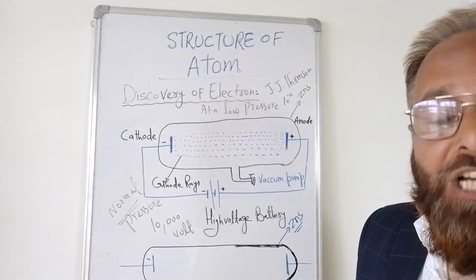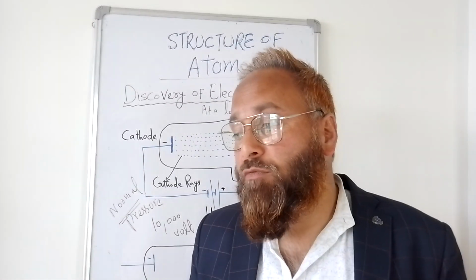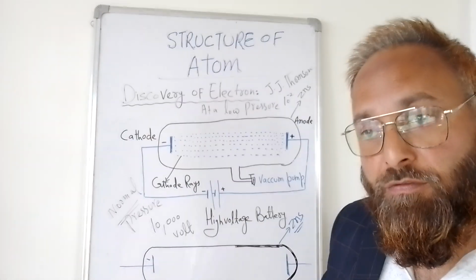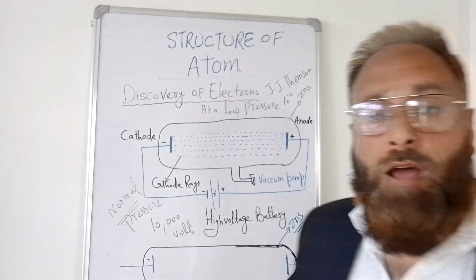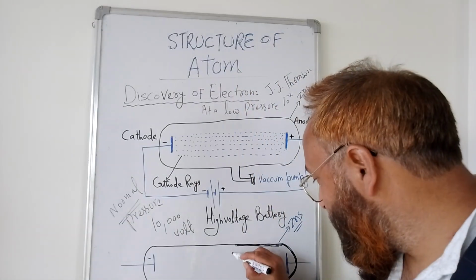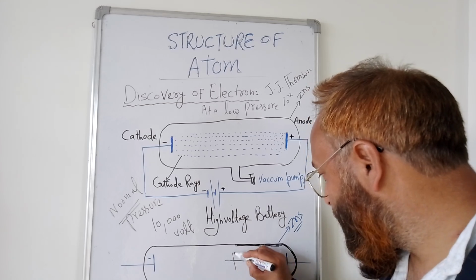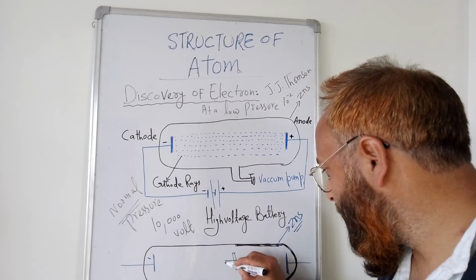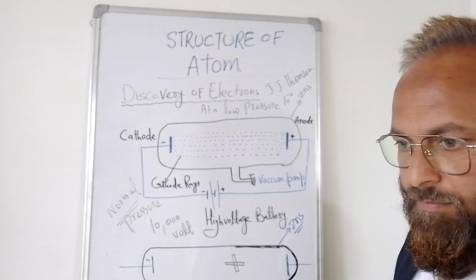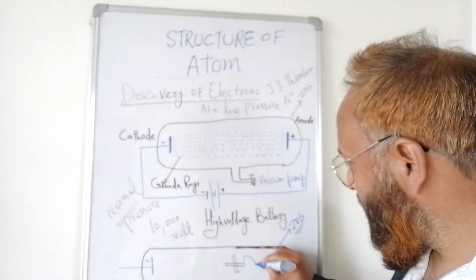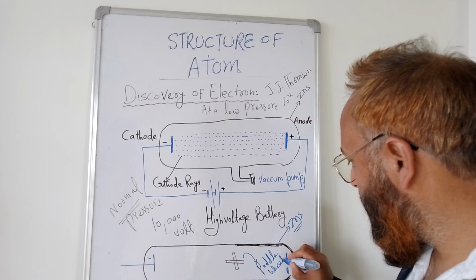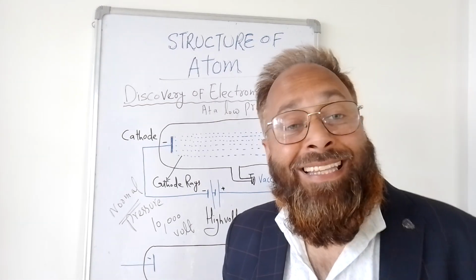Now we will observe the methods and conditions by which cathode rays are produced. First of all, J.J. Thomson used a wheel, a paddle wheel, which is kept inside the discharge tube.